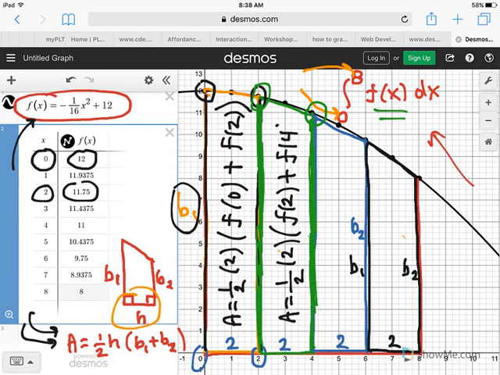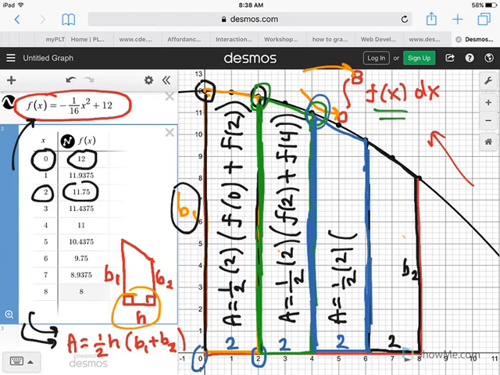F of 4. And then the blue trapezoid, which I'm highlighting now, you see this line segment in blue, and you see this line segment in blue. So the area of that trapezoid is equal to 1/2 times the height, which is 2. So we have 1/2 times 2 times the sum of the lengths of the two bases.